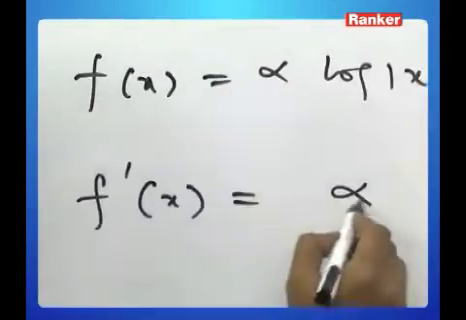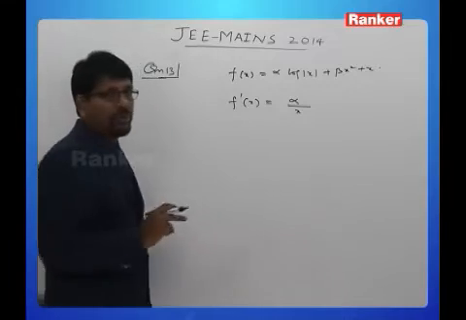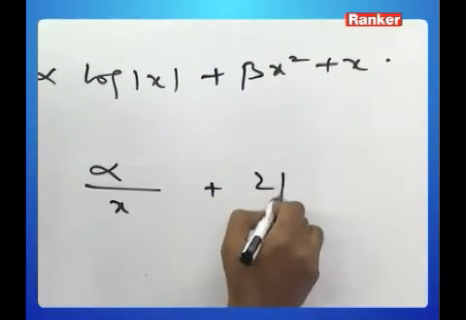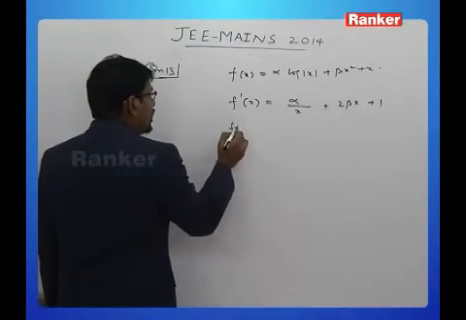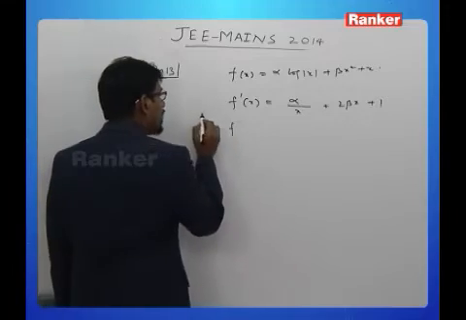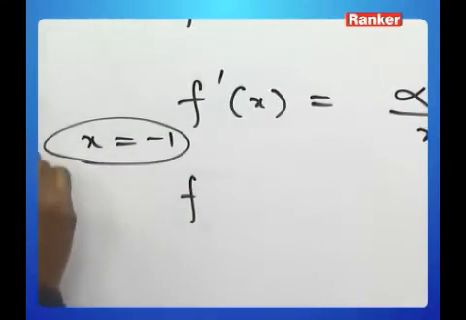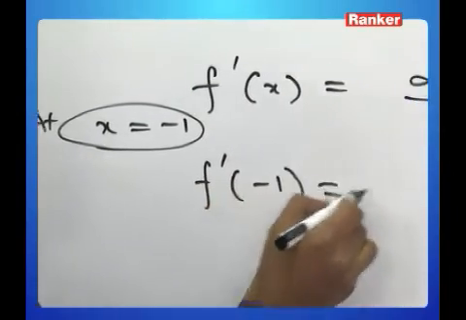What is that? Alpha by x, since the derivative of log mod x is 1 by x. And the derivative of beta x square is 2 beta x, plus 1. Now x equal to minus 1 is a point of extreme, so at x equal to minus 1, f dash should become 0. So f dash of minus 1 is 0.